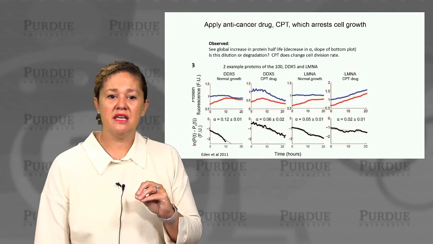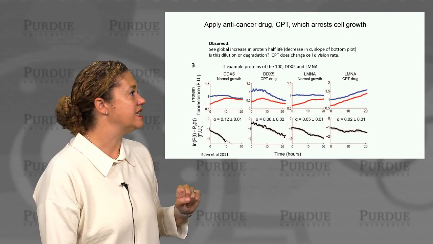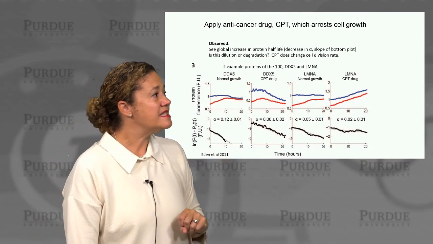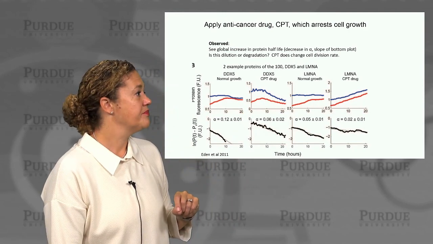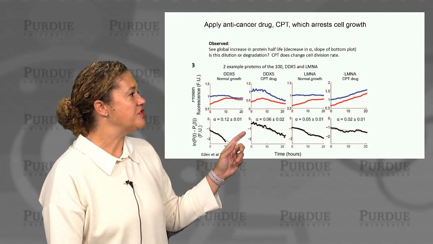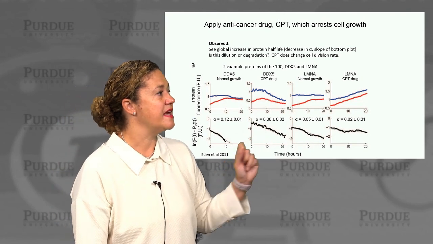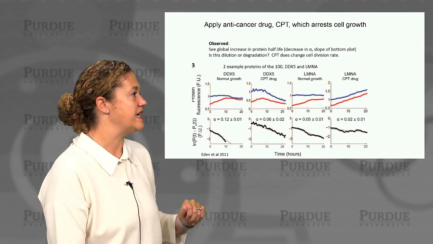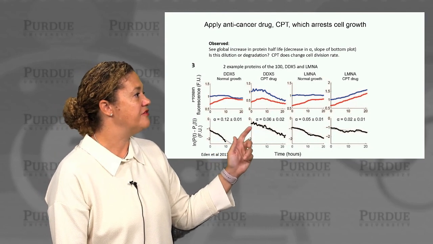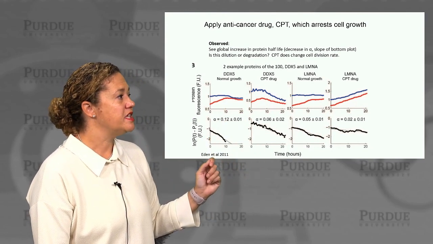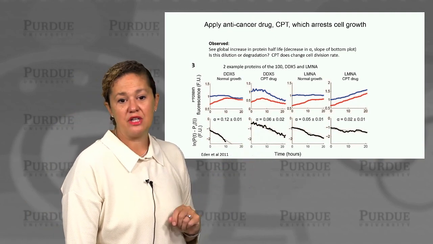Let's take an example of one of the drugs they looked at. They applied an anti-cancer drug, which is known to arrest cell growth. And let's just look at 2 examples of the 100 proteins that they looked at. So here's DDX5, during normal growth conditions and after drug treatment.